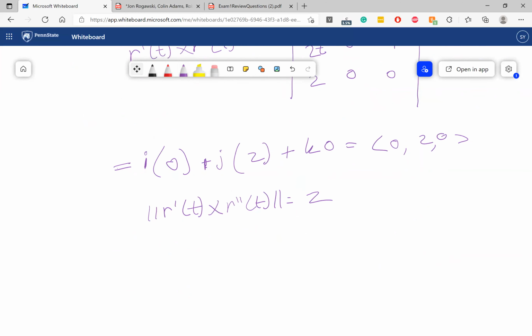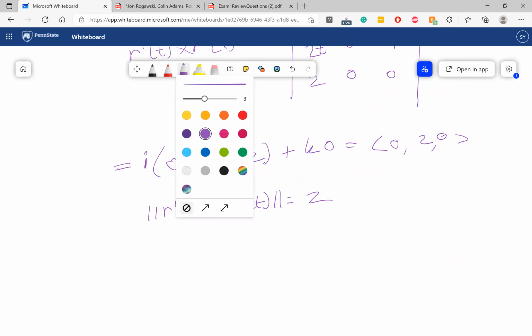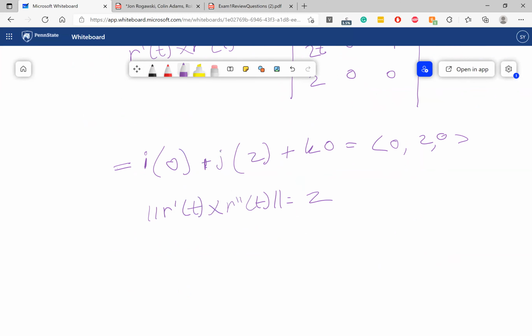And the question is, what is the magnitude of r prime of t cubed? Well, first, what's the magnitude of r prime of t?